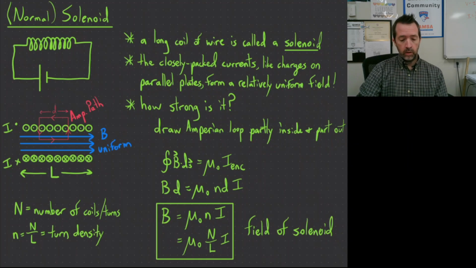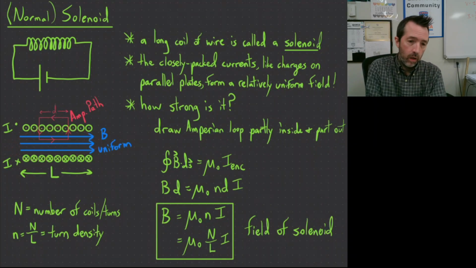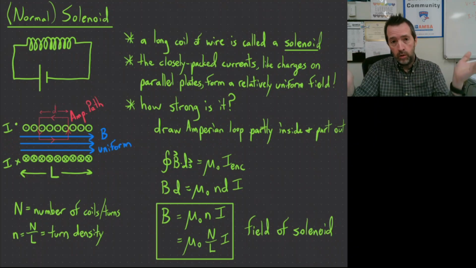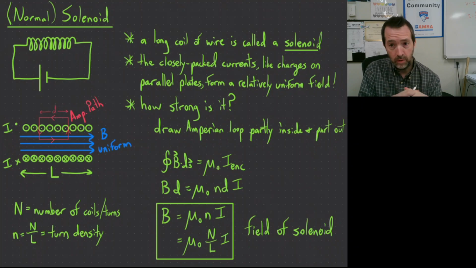And similarly, if I look at the x's on the bottom, if I point my thumb into the screen, then above that layer of wires, which again is where the inside of the solenoid is, my fingers are going to the right. So the magnetic field inside this solenoid points to the right. And again, it works out to be uniform, assuming it's infinitely long and there's no gaps between the currents, etc. All those idealizing assumptions that you might guess if you had to.